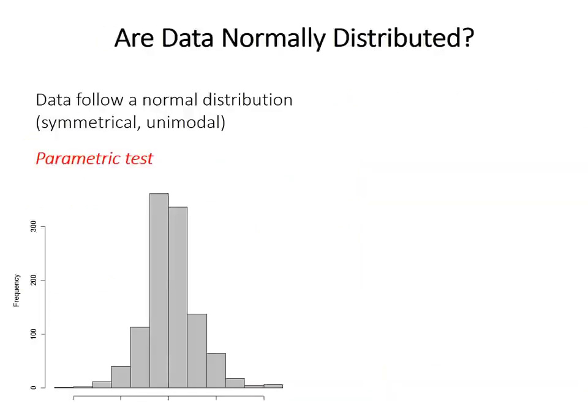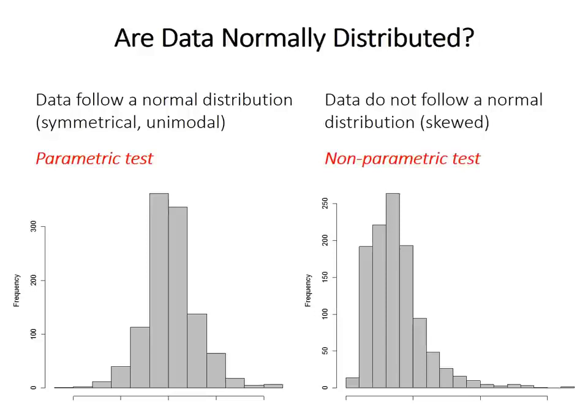So finally, you should determine whether your data are normally distributed or not. The previous video on standard error briefly introduced the normal distribution, but the key thing to note, and you've also dealt with this when you looked at mean and median, is that if the distribution of the values of the measurements is symmetrical, with a peak in the middle and tails of about equal size, and is unimodal, a single peak near the center, you can run something called a parametric test, which assumes and requires that your data are normally distributed.